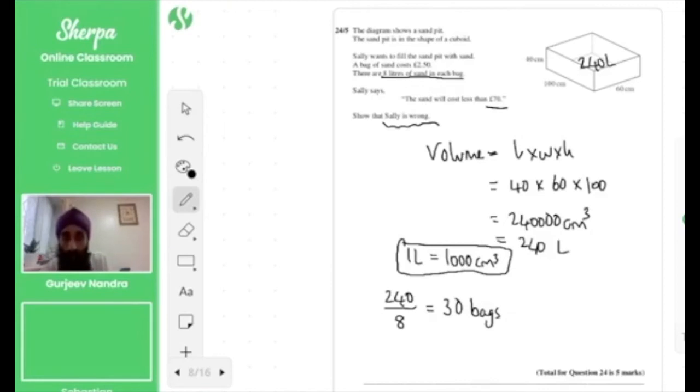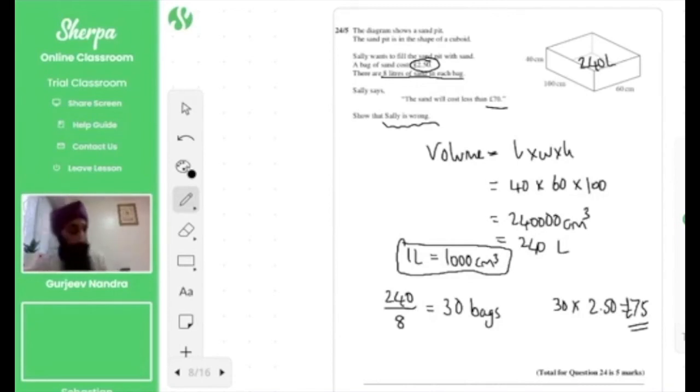Each bag is £2.50, so we can do 30 times £2.50, to give me 30 times 2 is 60, and 30 times a half is 15. 60 add 15 is £75. So the total cost for everything Sally wants to fill that box up is £75. She said it was 70, so we can see she's made her mistake there in her calculation.